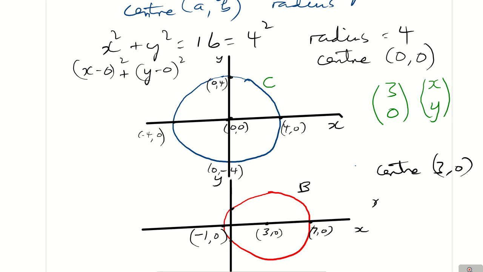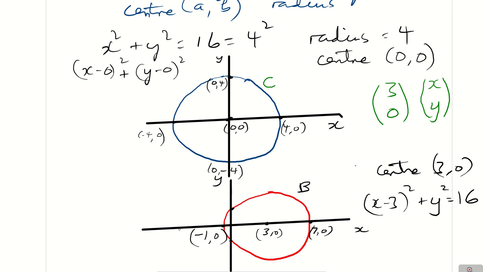So we're going to have x minus 3 all squared plus y minus nothing squared equals 16 again, because the radius is still 4, because the circle hasn't changed in size. It's just been translated, or moved, 3 to the right.